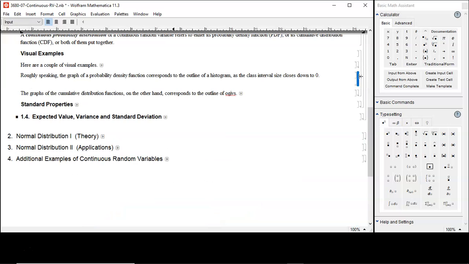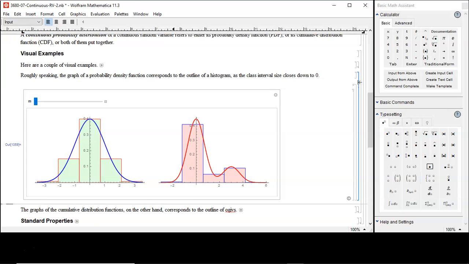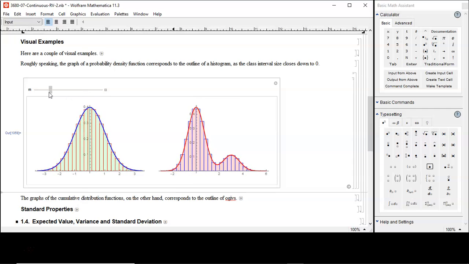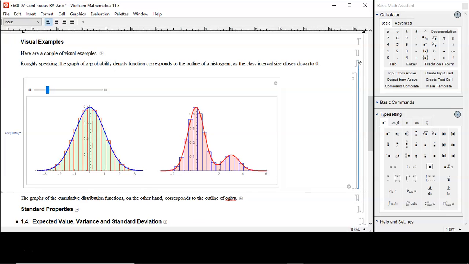There are some further visualizations too. Many times, the probability density functions appear as limiting cases for discrete random variables through a probability histogram like this. So histogram versus the density function as a limiting case.